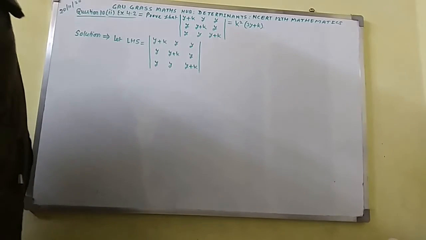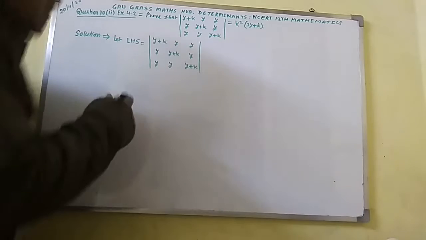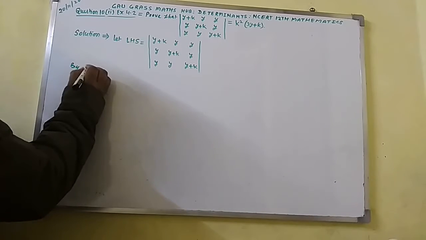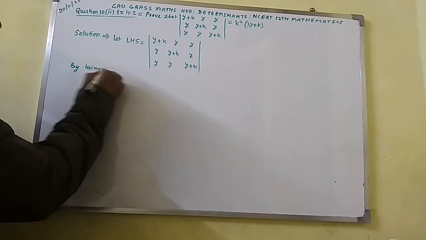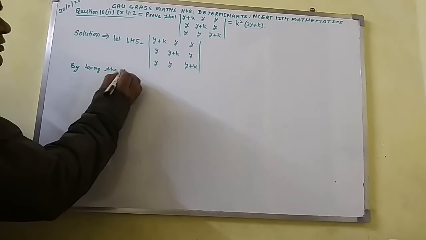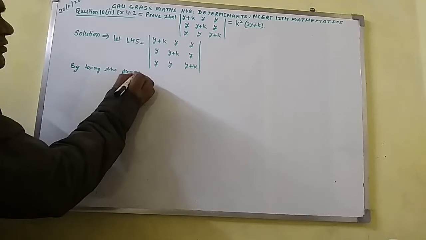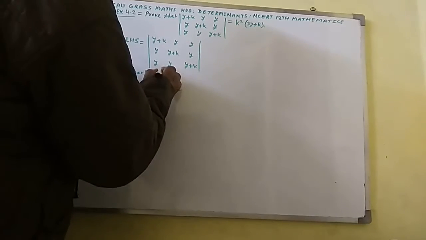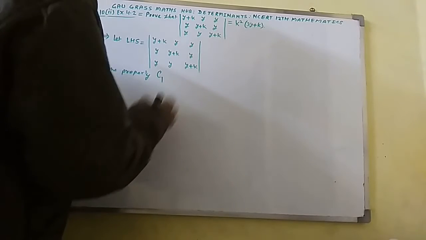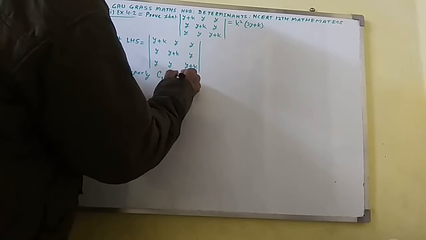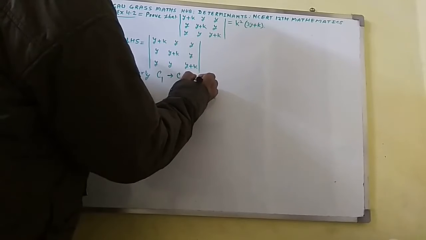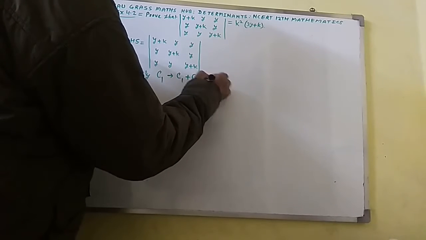So here I shall use the property. By using the property, C1 goes to C1 plus C2 plus C3.